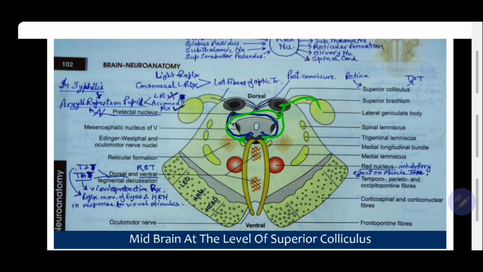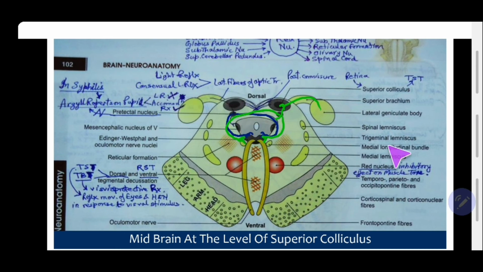Okay, now look here. You can see that these lateral fibers of the optic tract, which reach here in the superior colliculus, are bringing in sensations of light reflex and consensual light reflex.